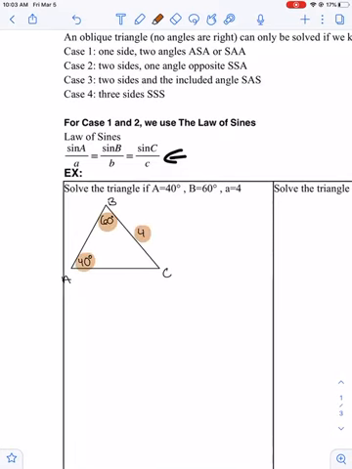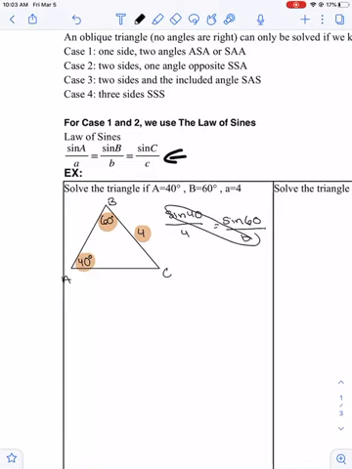So that is part of our side, angle, angle, case 1. Now I'm going to set up the ratio. Sine 40 over 4 equals sine 60 over b.